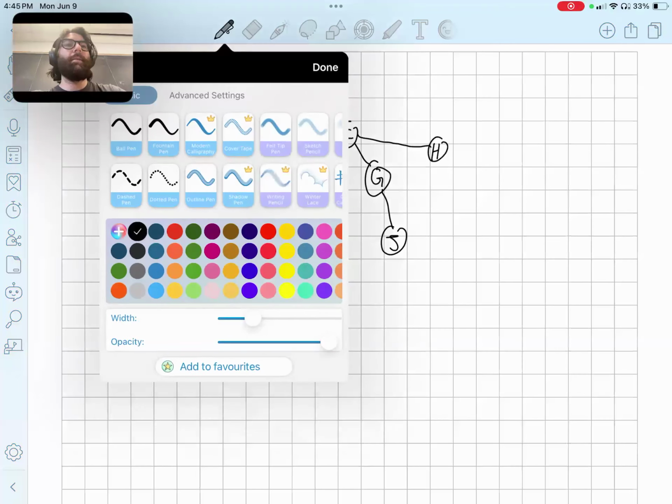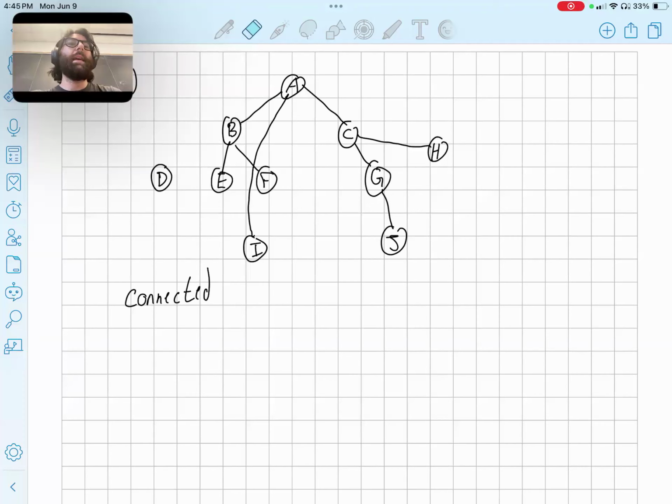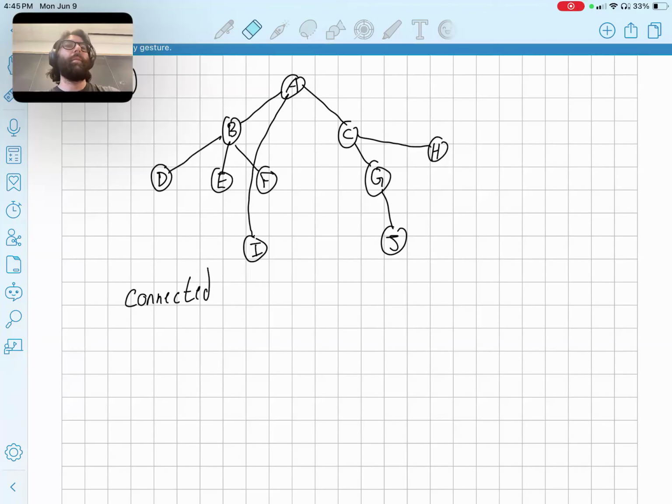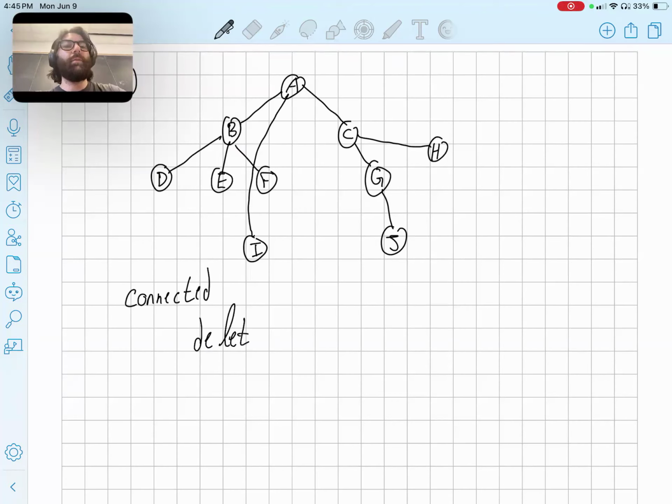If I delete BD, that makes D isolated. Similarly for BE, that makes E isolated. And if I delete BF, that makes F isolated. So deleting any edge disconnects my graph.